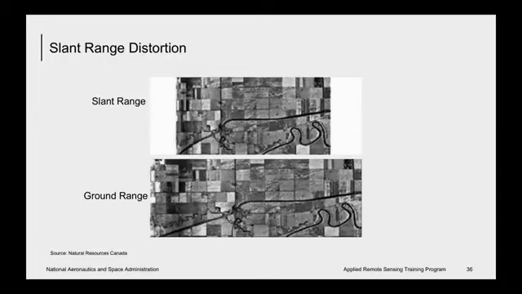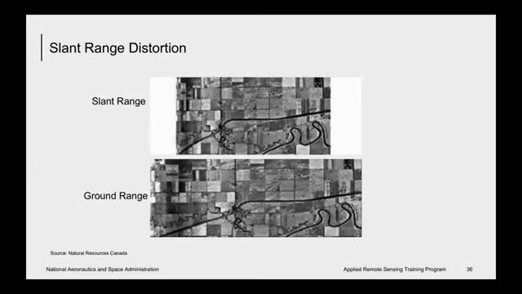This figure shows a radar image in the slant range display, which is the top, where the fields and road in the near range, closer towards the sensor, on the left side appear compressed. The same image converted to ground range display on the bottom shows these features in their proper geometric shape.